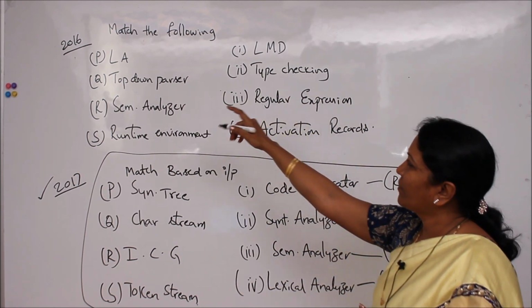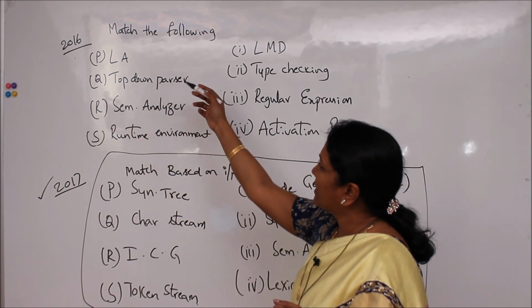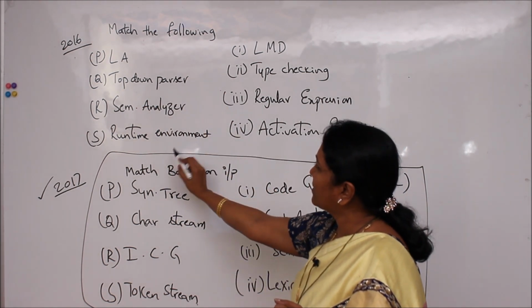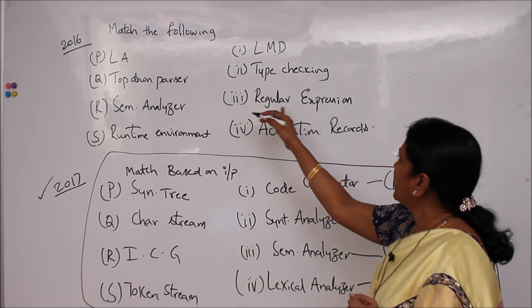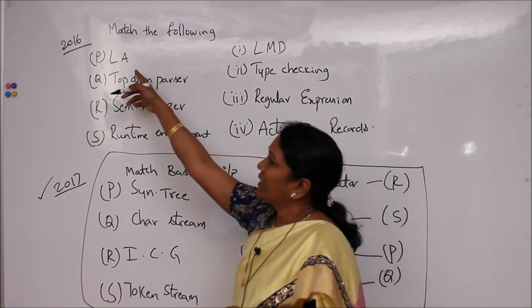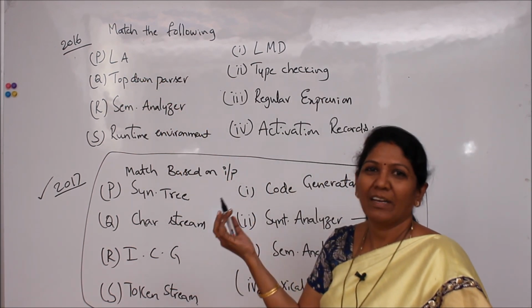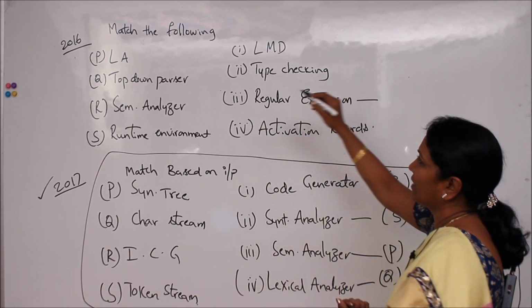The other one is this one. This was asked in 2016. Match lexical analyzer, top-down parser, semantic analyzer, runtime environment with leftmost derivation, type checking, regular expression and activation records. So lexical analyzer actually uses regular expressions in the design of lexical analyzer.